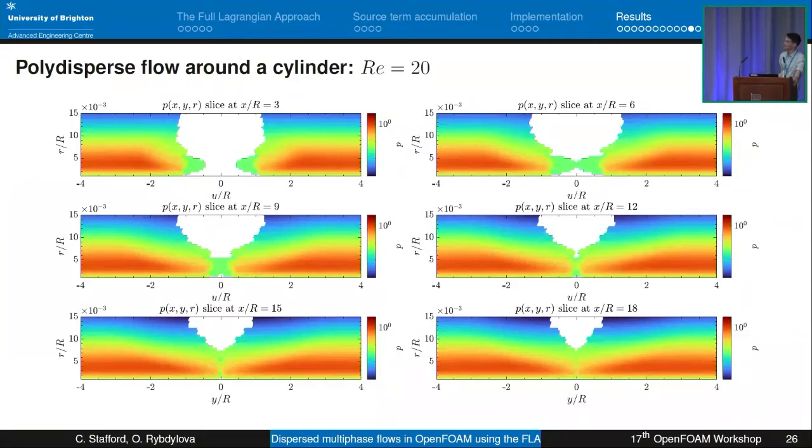So the information we can get from this procedure is we know the size distribution of droplets at every point in the flow field. And these are cross-sections at various distances behind the cylinder, showing the distribution in sizes. So it's symmetric, as we'd expect. These are the Y values. So that's just to illustrate the level of information we get from this procedure.